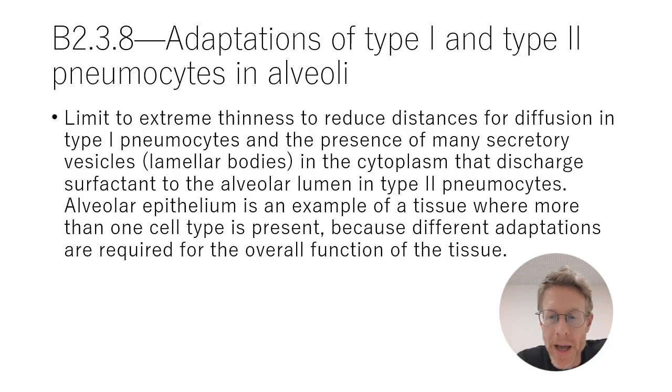The alveoli are a tissue made of two different cell types called pneumocytes. Pneumo is referring to lungs, and cyte always means cell. So we have these type 1 and type 2 pneumocytes, and they're quite different, and they have different roles within the alveoli.